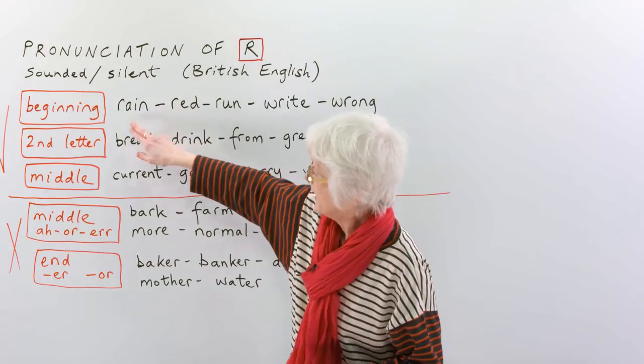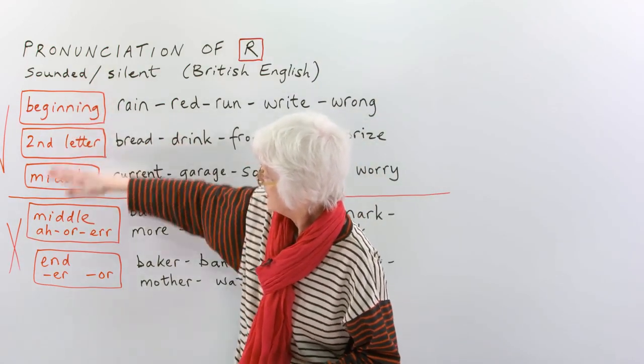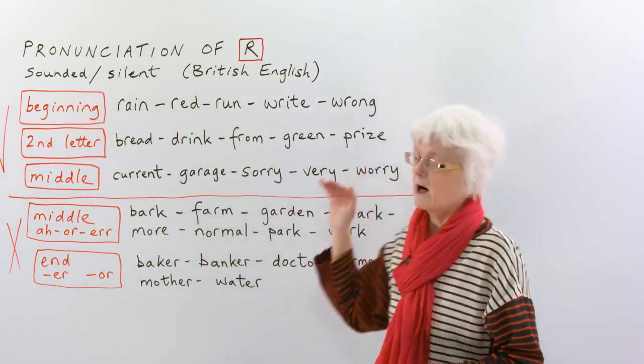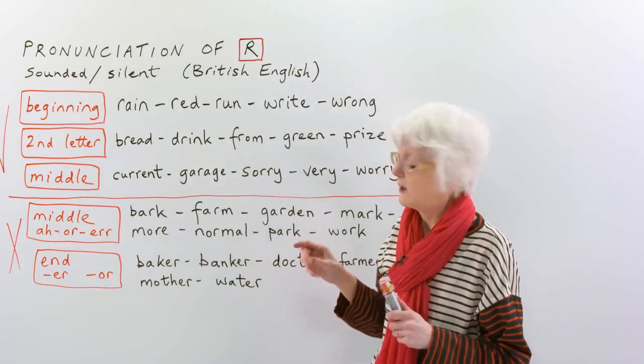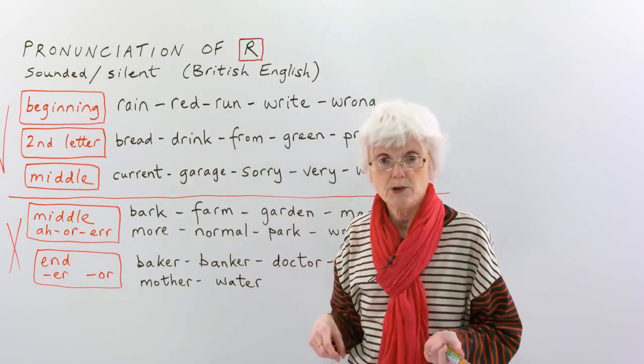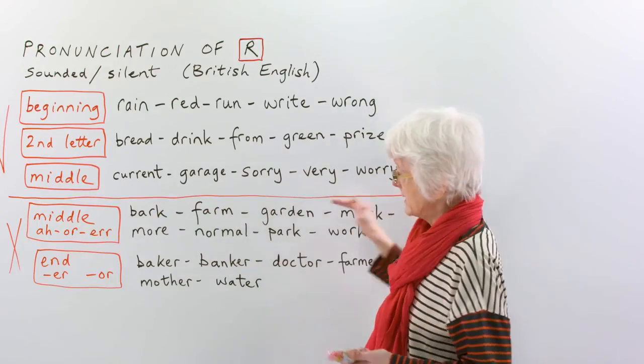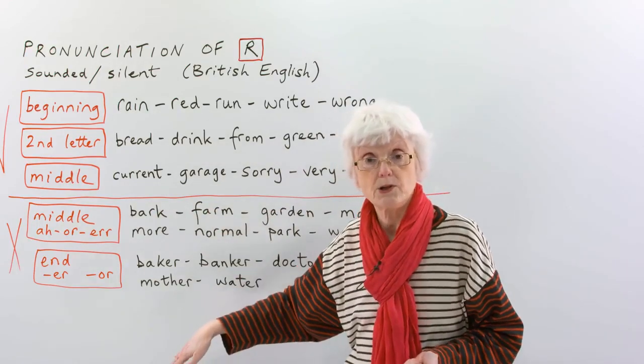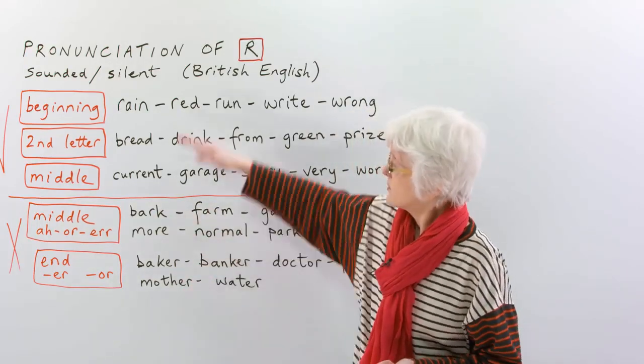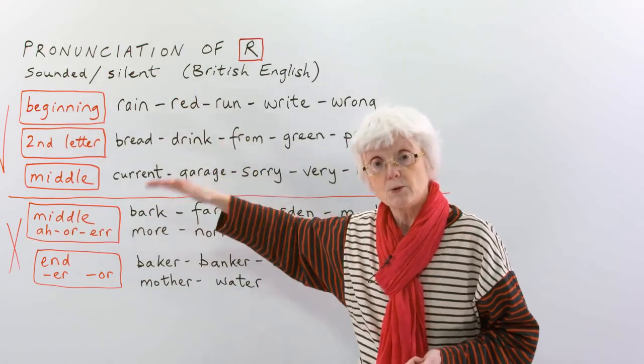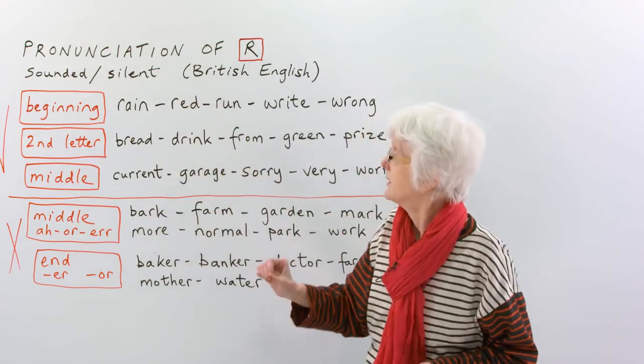So first of all, this section here above the line are all the words where the R is pronounced, and below the line, the R is not pronounced. So let's look at the top three first, where the R is pronounced.